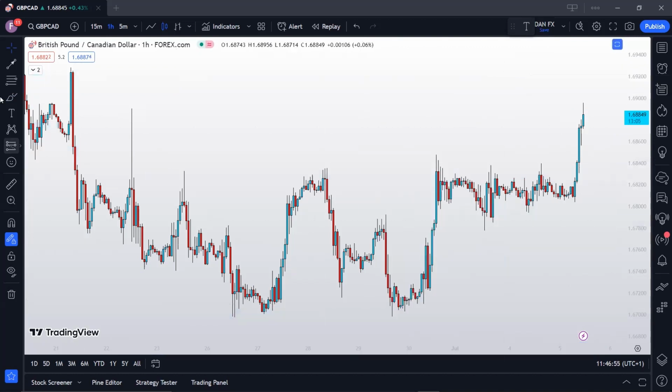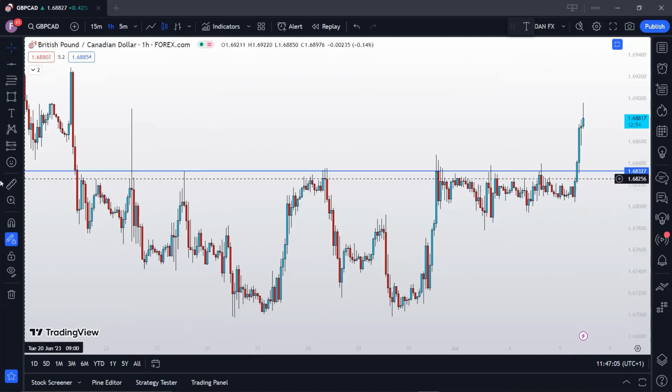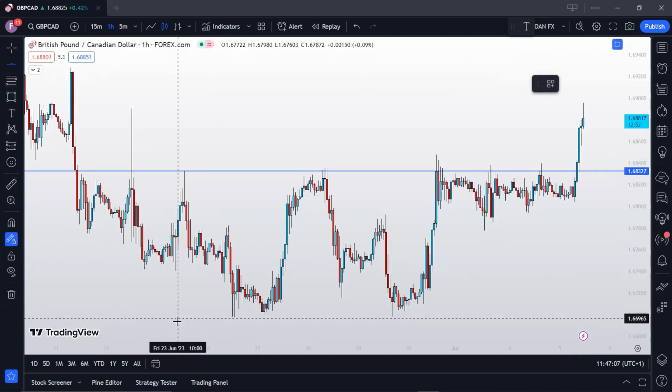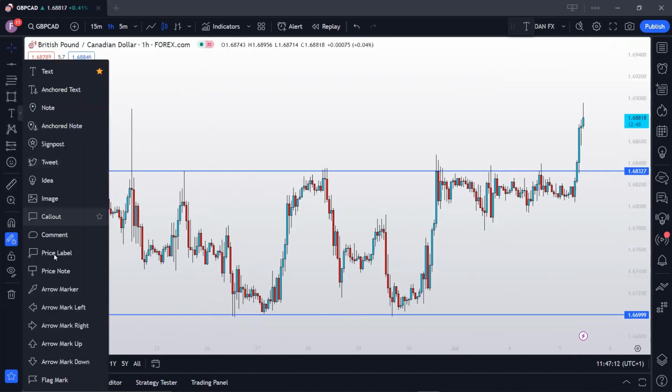All right, so to just clean up the chart, let's draw that again. So we are drawing from this high. You can even draw a horizontal line like this, right? And then draw a horizontal line like this. All right, so this is your support and resistance.